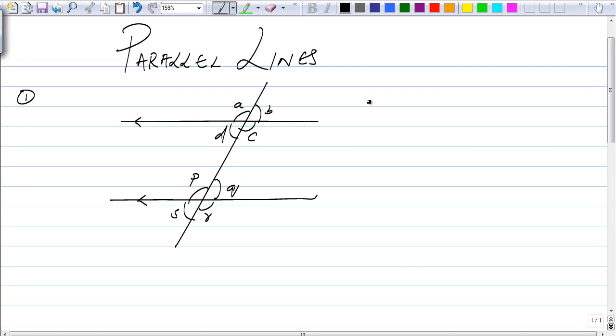You would simply write A is equal to P, B is equal to Q, C is equal to R, and D is equal to S, and the statement that you will write is corresponding angles.